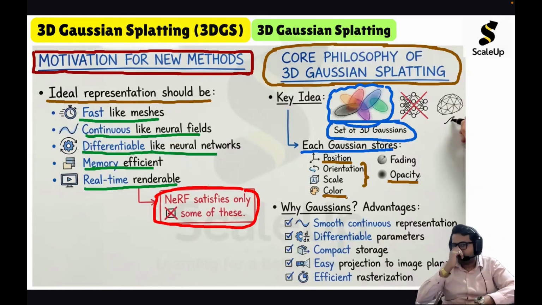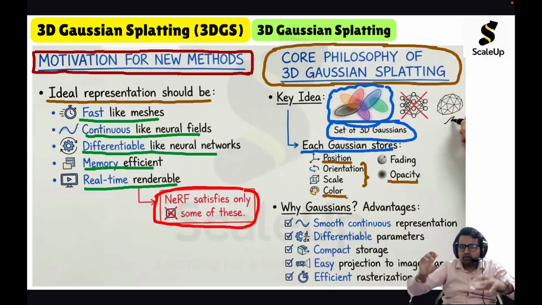So now it's very clear that in 3D Gaussian splatting, in order to represent a 3D scene, we make use of 3D splats, which are ellipsoids, which contain information like the position, which is the center of the splat, the orientation, the scale, the color, the opacity, the transparency. All such information is stored by the splat.